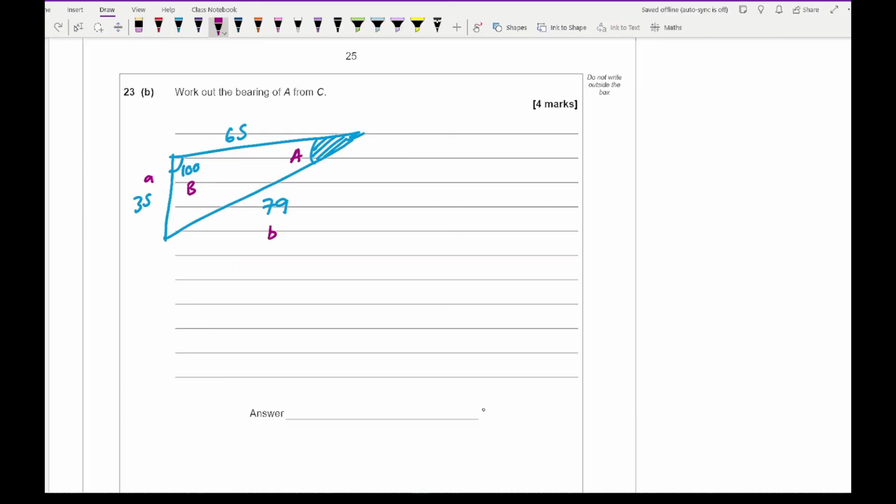So using the sine rule, we've got sine A over 35 equals sine 100 over 79. Now we want to make sine A the subject, so we cross multiply. So I've got 79 sine A equals 35 sine 100. Then we take the 79 over to the other side.